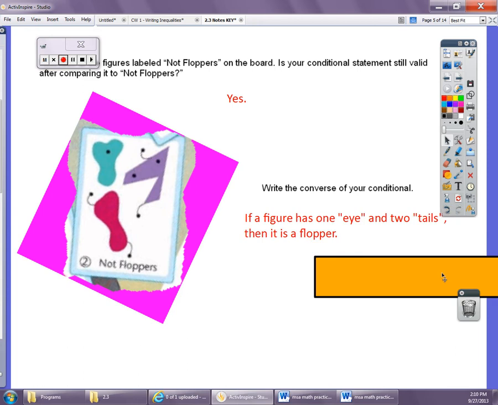The converse would be, if a figure has one eye and two tails, then it is a flapper. None of these figures here have one eye and two tails. This has one eye, no tails. Two eyes, two tails, and just two tails. They're all not flappers.